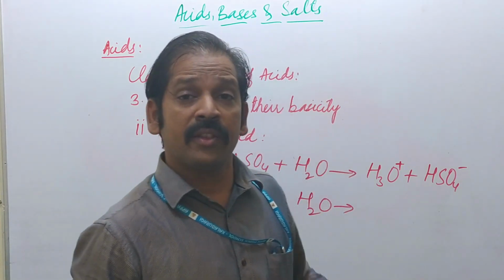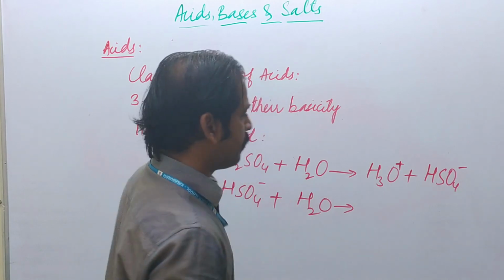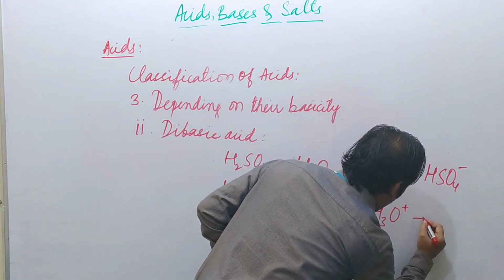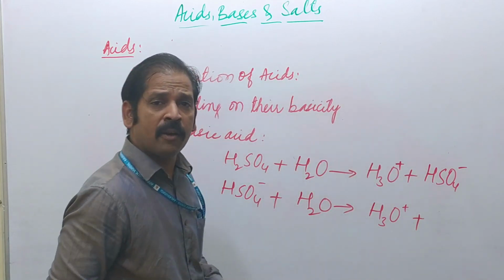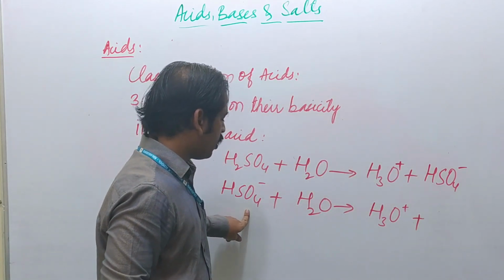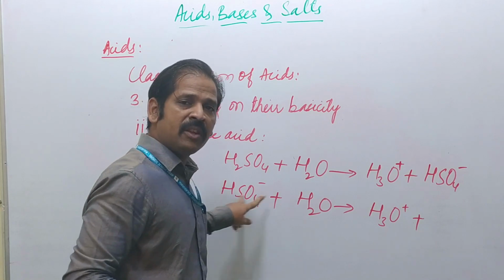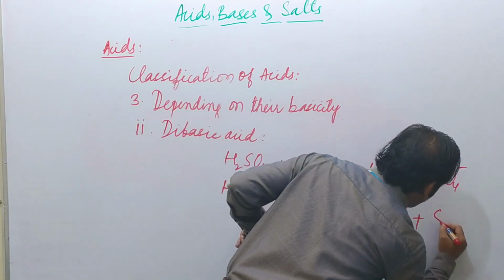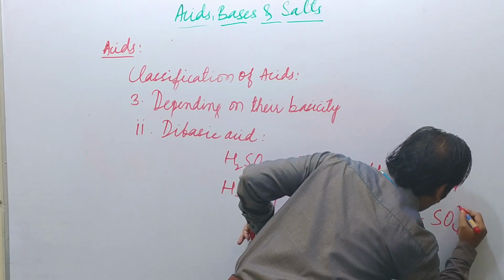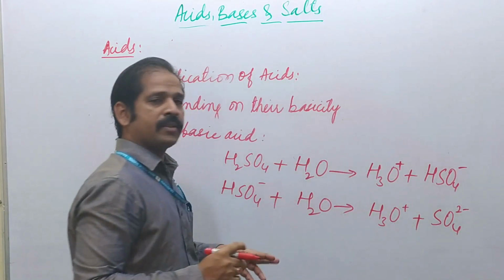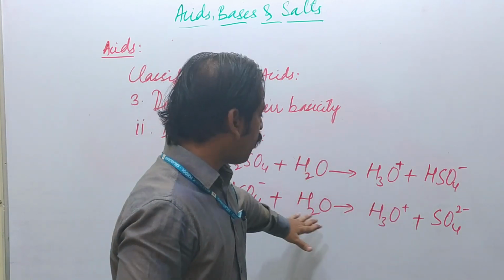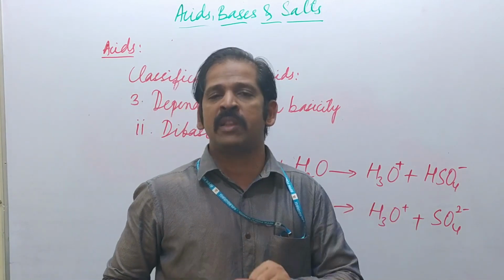Now we are going to get the second hydronium ion. And what remains now? From HSO4, H is reacting with the water, and the remainder is only SO4, the sulfate ion.